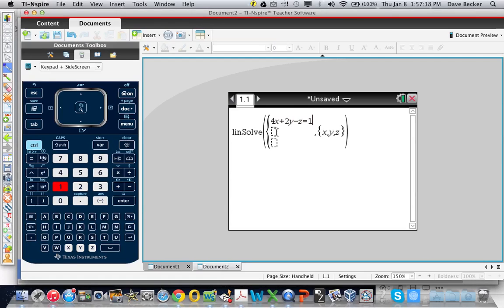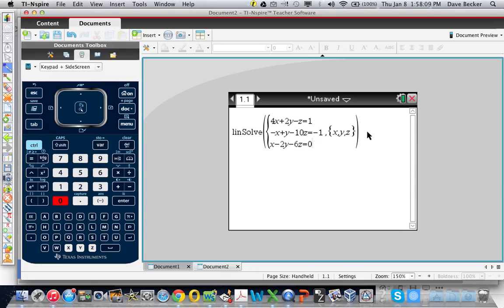And then negative x plus y minus 10z equals negative 1. These are the simplified equations from before. And then I have x minus 2y minus 6z is equal to 0.